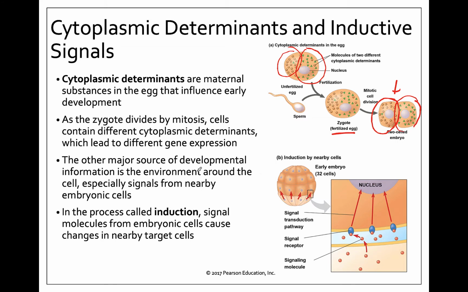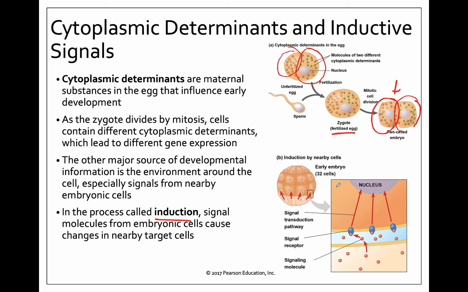Another source of developmental information is called induction. So once cells have already decided what they're going to be, they can get induced by nearby cells to become the same type of cell. This is important because our muscles and our bones and all of our organs form in something called tissues, where all of the cells that are adjacent to each other are the same type of cell.